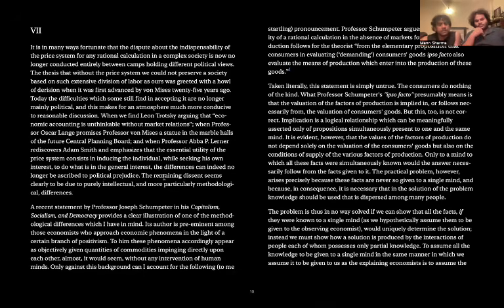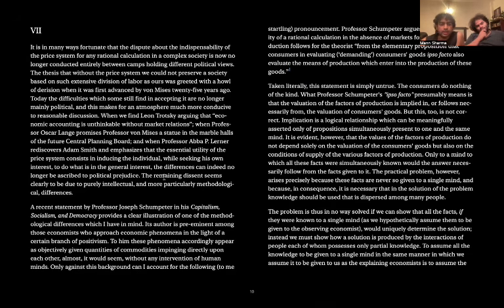A recent statement by Professor Joseph Schumpeter in his Capitalism, Socialism, and Democracy provides a clear illustration of one of the methodological differences which I have in mind. Its author is preeminent among those economists who approach economic phenomena in the light of a certain branch of positivism. To him, these phenomena appear as objectively given quantities of commodities impinging directly upon each other, almost, it would seem, without any intervention of human minds.